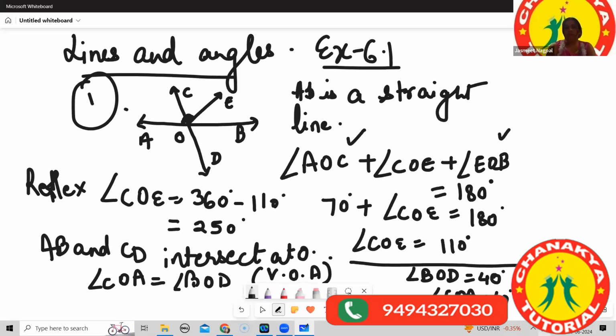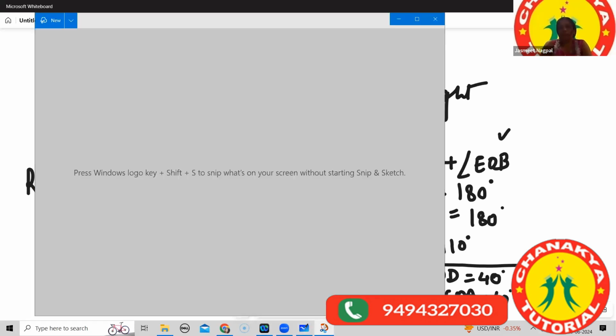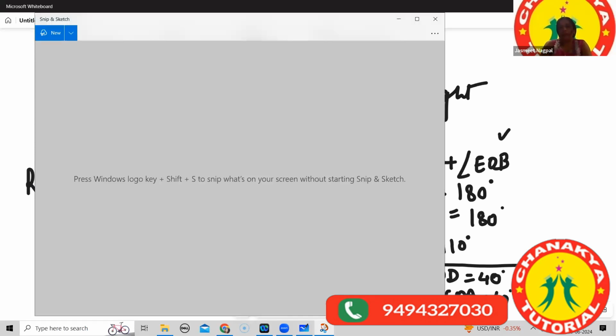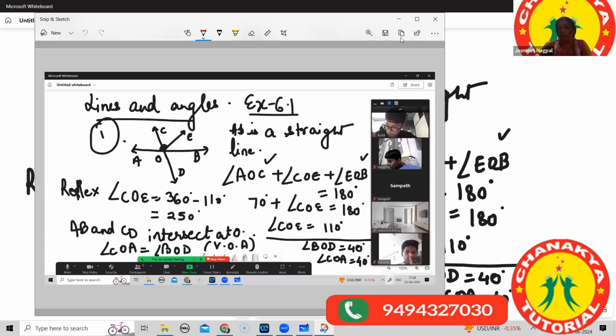Then I will remove this one. 2-3 steps more now. I'm sending this question on the group also, for your revision.